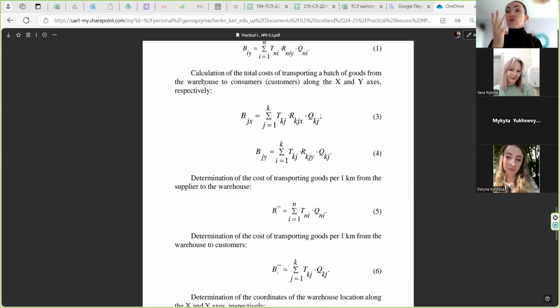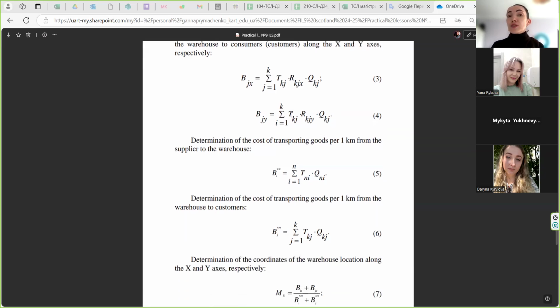We also have three clients, as with the suppliers, so we can calculate it. Also, we use it for axis x and for axis y. So we use two formulas, formula 3 and formula 4.